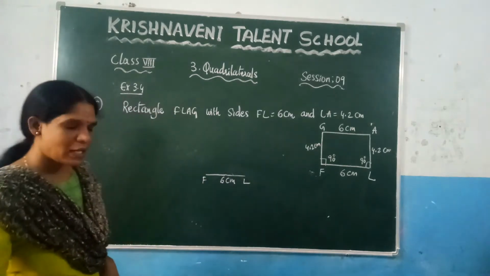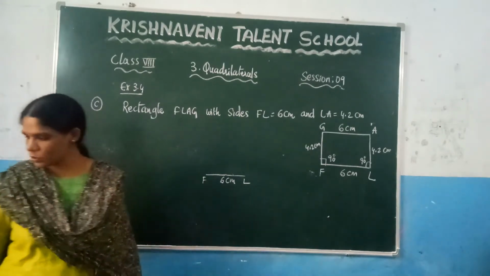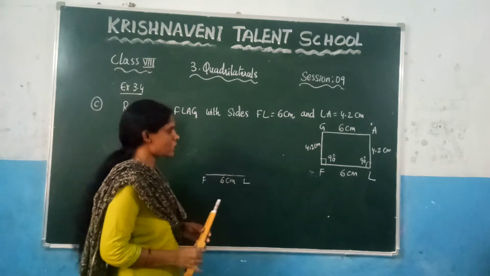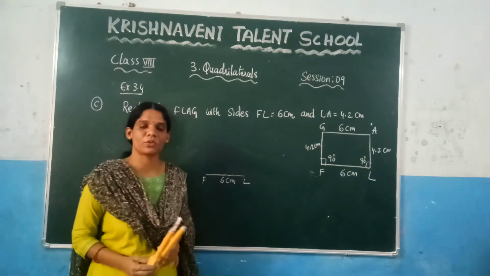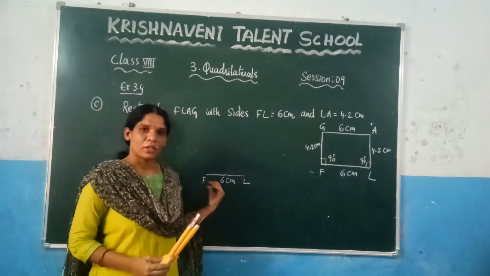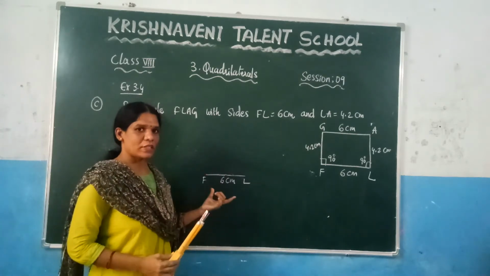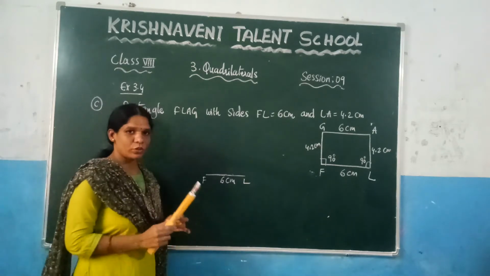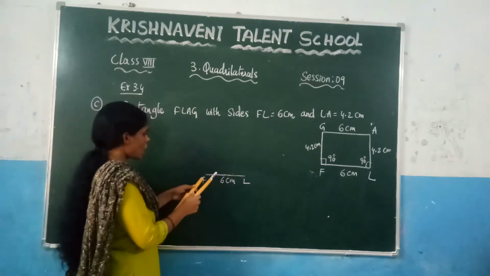Now let us see with the help of the compass how to draw. Before session also we have discussed how to draw 90 degrees. First you need to construct 60 degrees and after that you need to draw 120 degrees, and between 60 and 120 you will have 90 degrees. So here first you need to draw 60 degrees. So how to draw here?